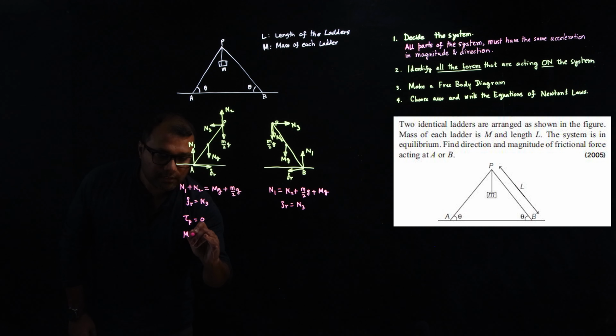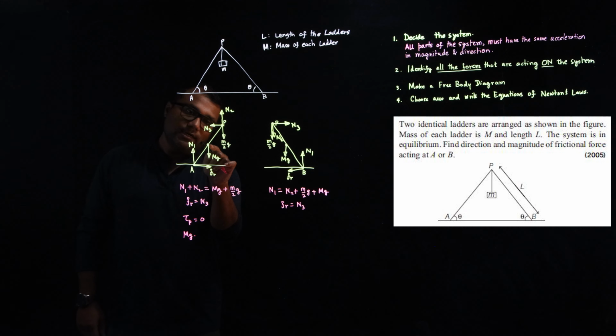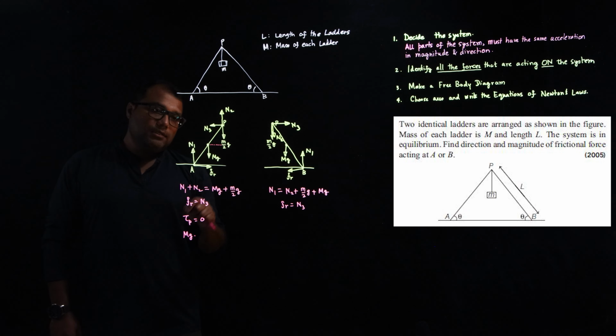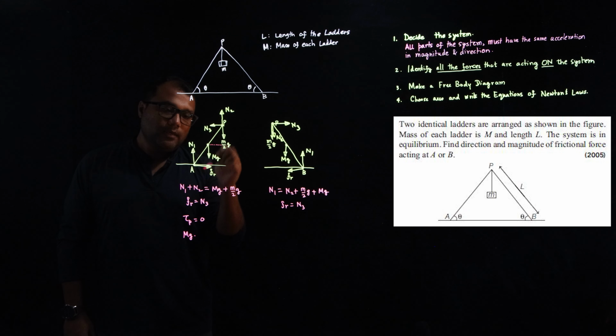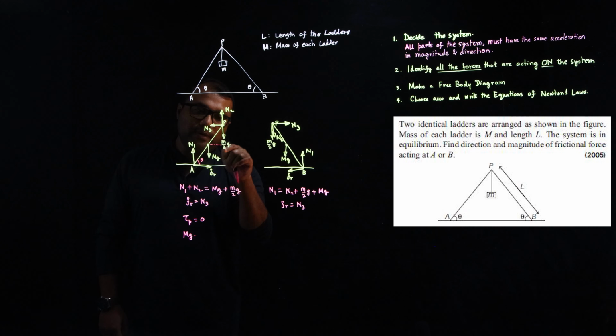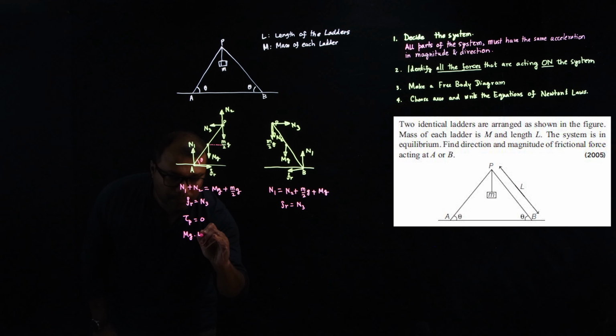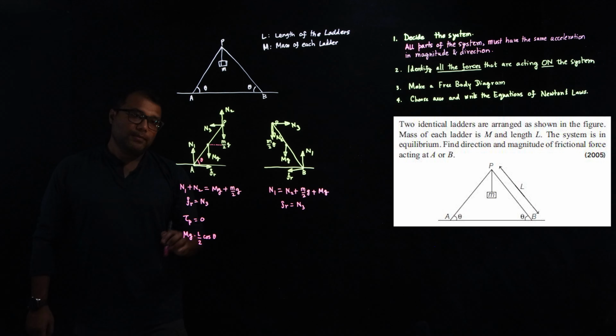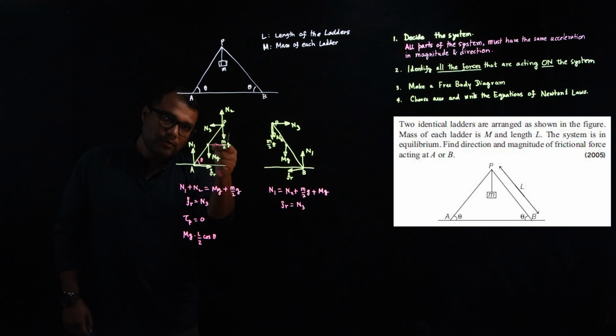So mg times, what is the vertical distance from P? Like this distance. This is L by 2. This is theta. Okay, so L by 2 cos theta. So that's the moment because of mg, and it is trying to pull it in this direction.